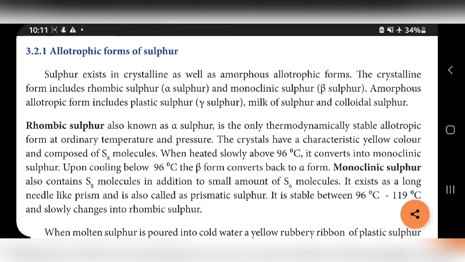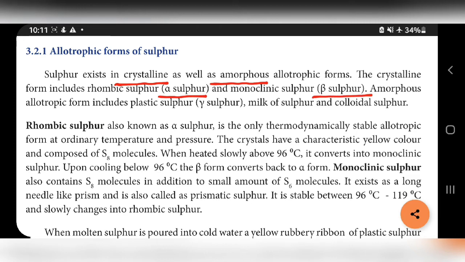Sulfur exists in crystalline as well as amorphous allotropic forms. The crystalline forms include rhombic sulfur, that is alpha sulfur, and monoclinic sulfur, that is beta sulfur.